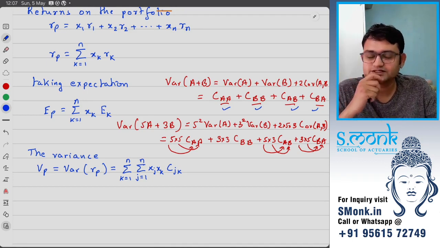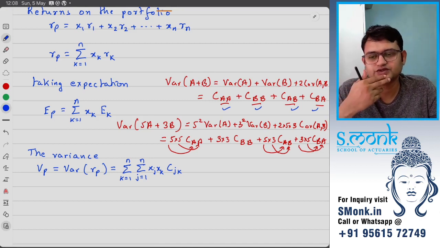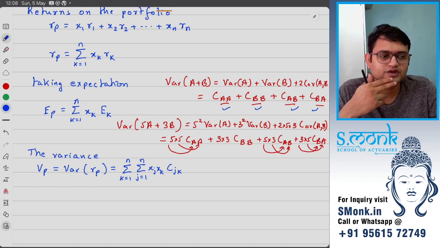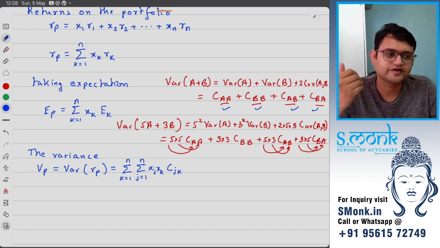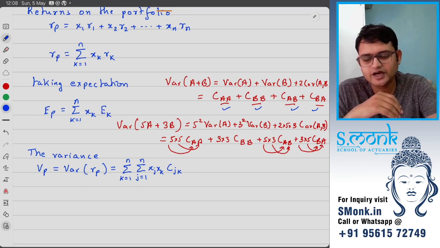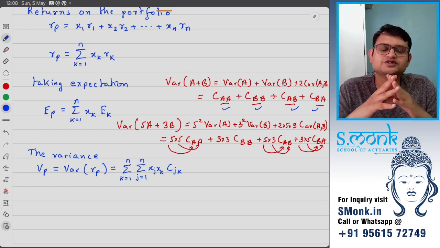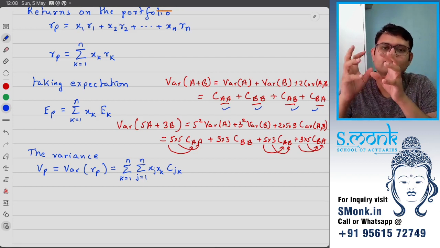Now see, the assets that we were talking about, we'll call them securities. From this point on, we'll use the word securities for our assets. That's a general term for all the derivatives. I hope everybody knows what a derivative is. A derivative is just an entity that derives its value from an asset.